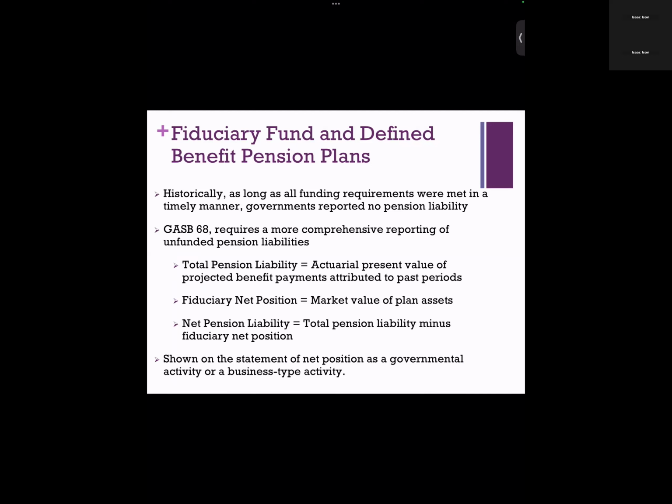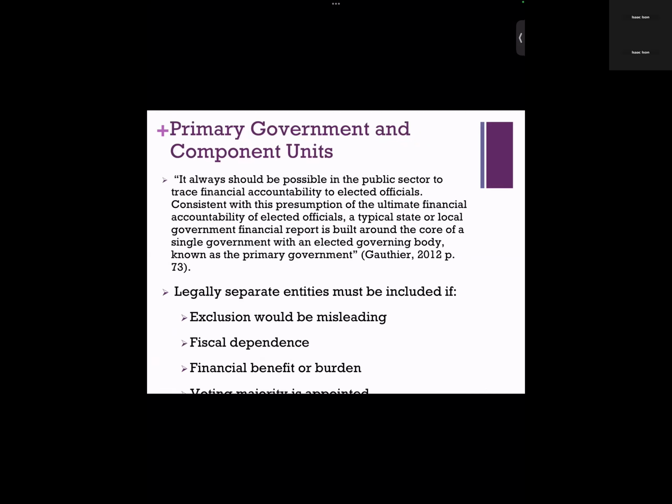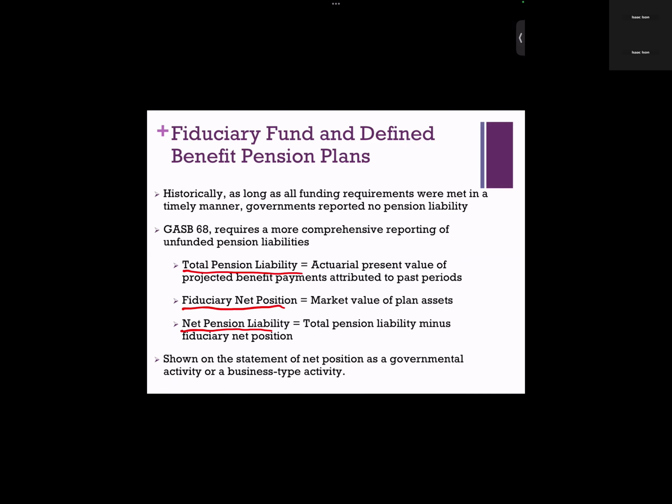So there are requirements here. We have to report our total pension liability, fiduciary net position, liability. I don't know, pension, they moved away from testing on pensions very much. So I don't know if we'll go into that much detail on it.